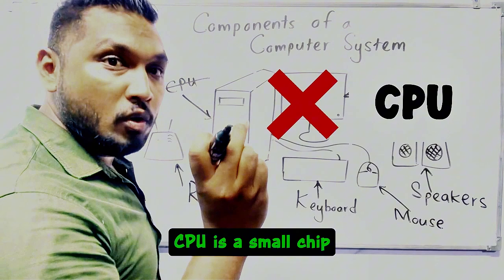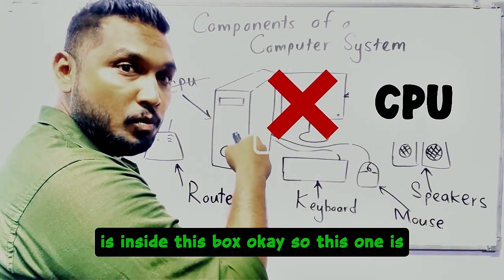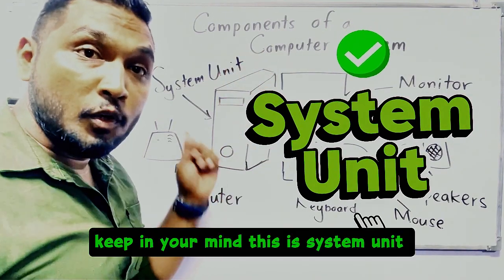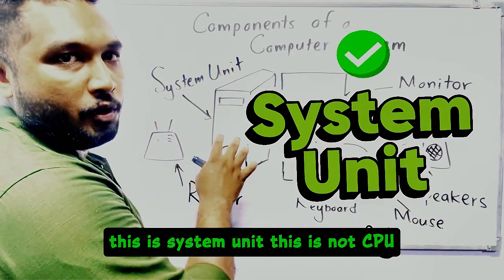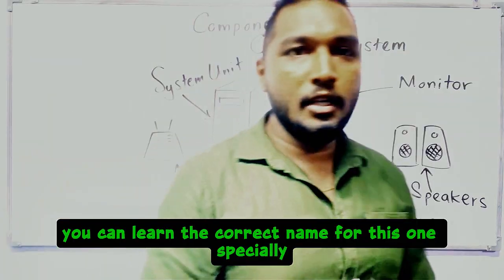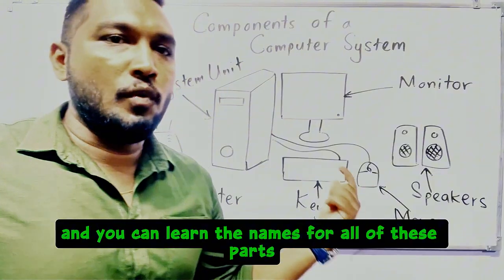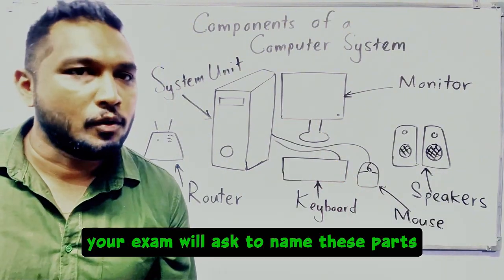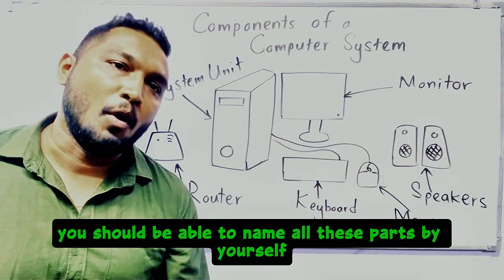CPU is a small chip kind of a thing that is inside this machine, inside this box. So keep in your mind, this is the system unit. This is not CPU. Now, today you can learn the correct name for this one specially, and the names for all of these parts. This is a very important thing. Most of the time, your exam will ask to name these parts. So you should be able to name all these parts by yourself.